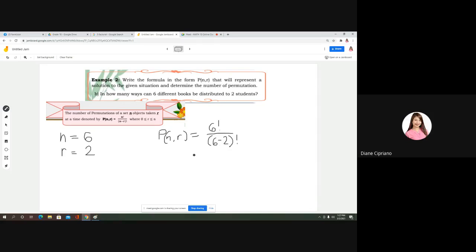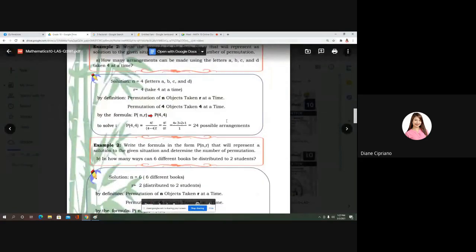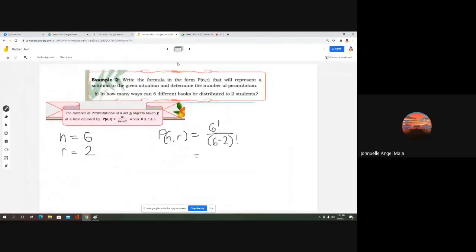Okay, what is the next thing to do, Januel? I-equate po yung factorial, ma'am.